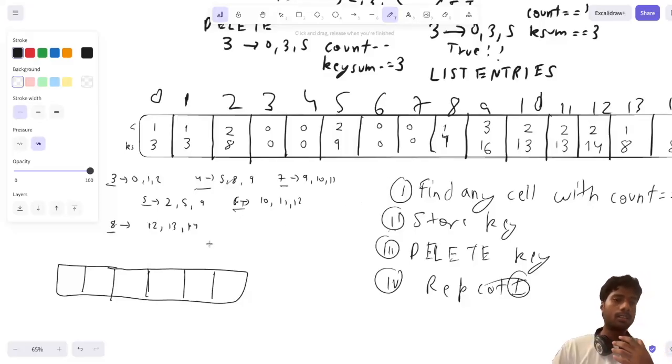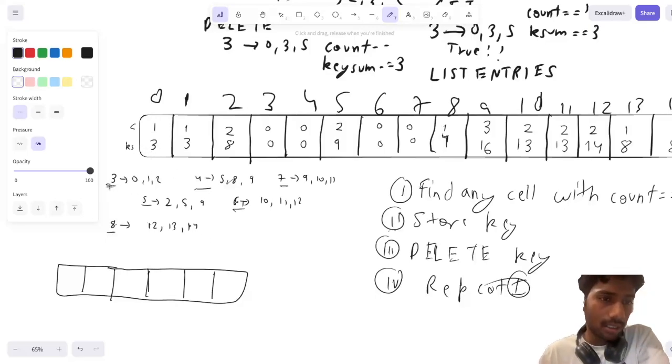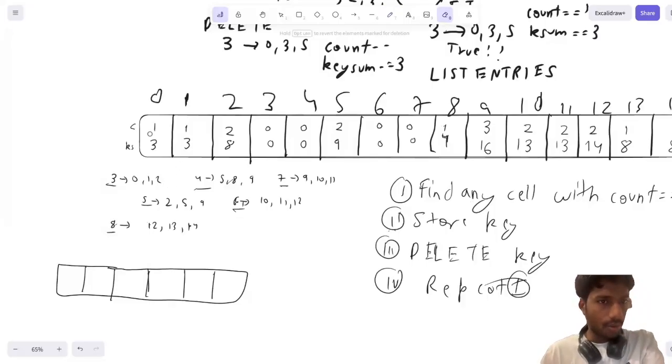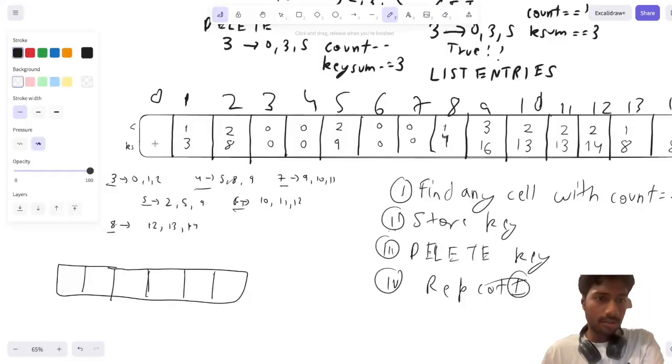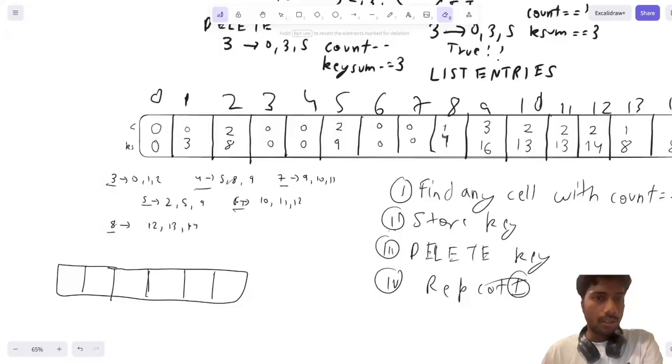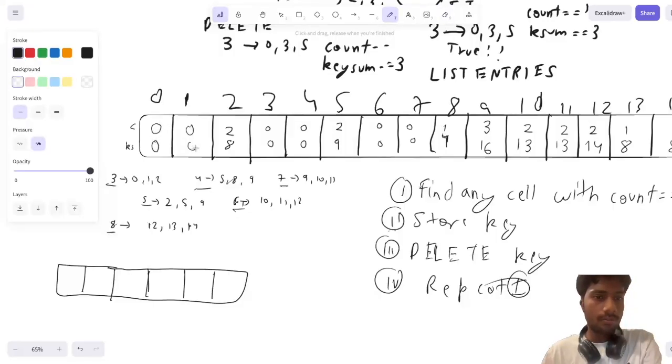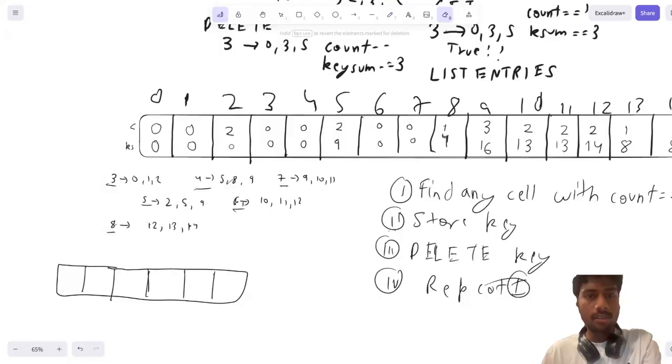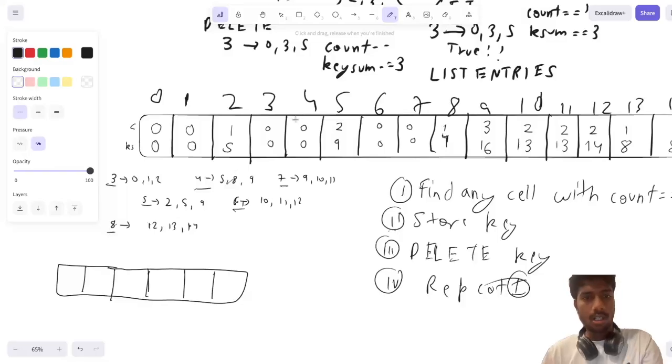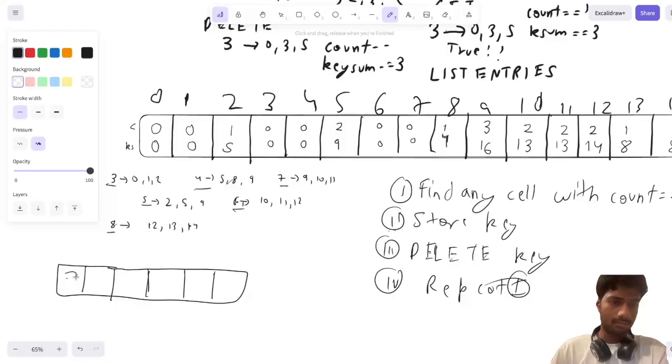So we will take the earliest index, that is 0, and its key is 3. Key 3 is mapped to 0, 1 and 2. So we remove it and this reduces to 0, and this also reduces to 0. This gets reduced to 5. Now first let me just store this key 3 here.